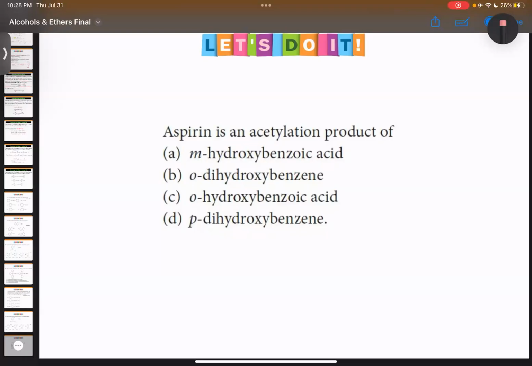Oh yeah, O-hydroxybenzoic acid, orthohydroxybenzoic acid.